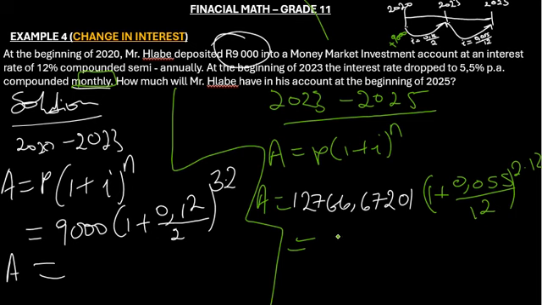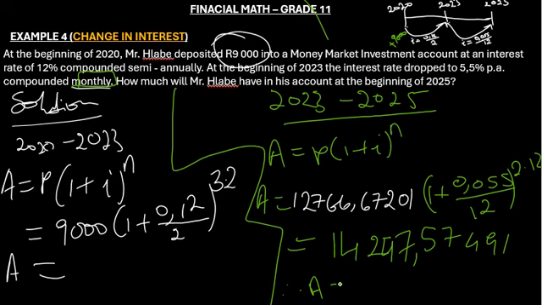So she will have 14,247.57491. Therefore, she will have 14,247.57 cents.